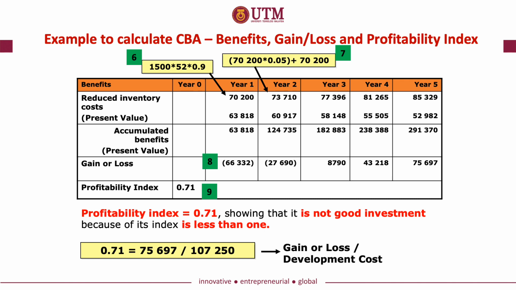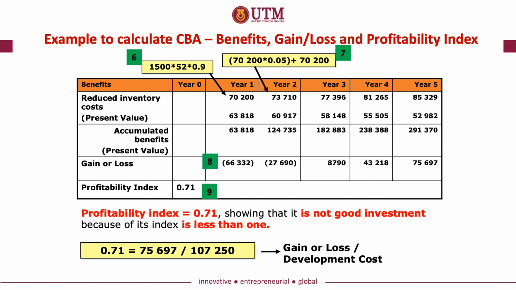The value is the result of 63,818 accumulated benefit in year 1 subtracted by 130,150, which is the year 1 accumulated cost value.